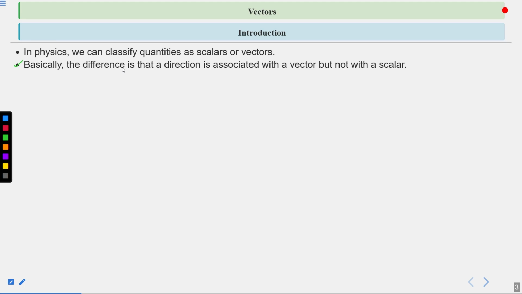Basically, the difference is that a direction is associated with a vector, but not with a scalar. If we talk about a vector, there is a direction, and if we talk about a scalar, there is only magnitude.